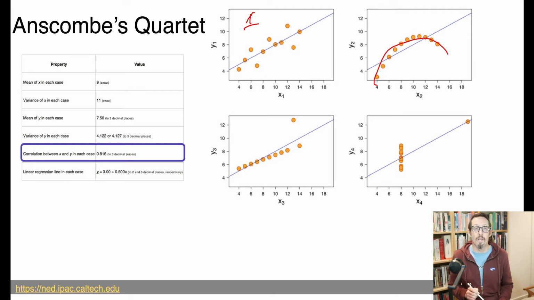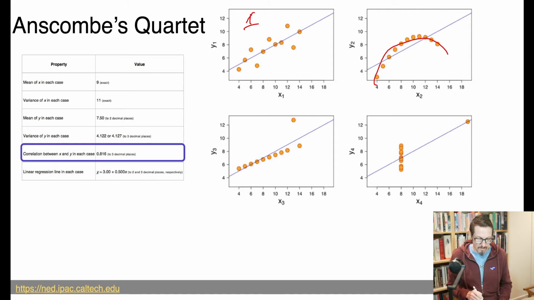So linear regression and linear techniques like Pearson's correlation, which is about stuff being close to a line, right? They don't work for this. And that's why we can get a measurement here for variance and for a correlation coefficient, which are identical to the number 1 data set, right? Because this violates the rules.